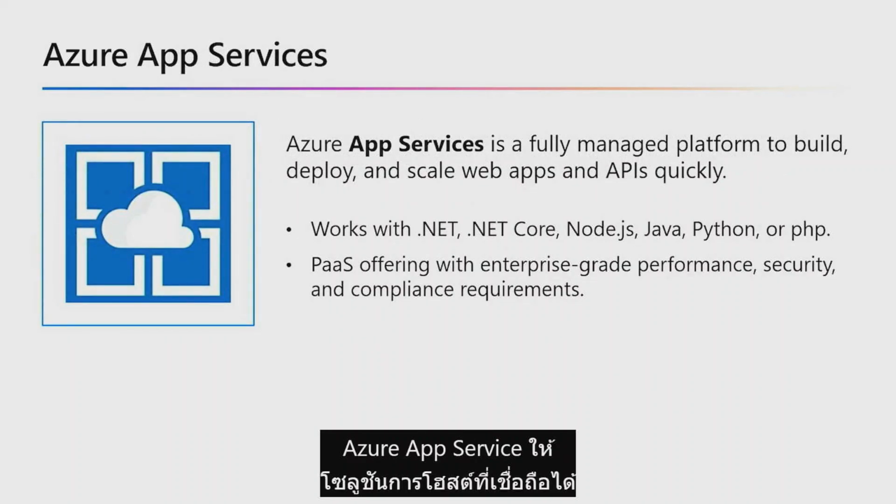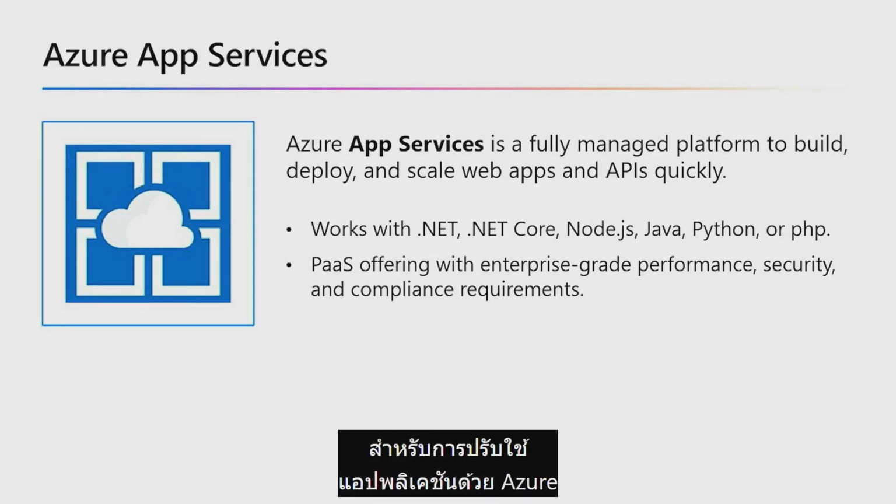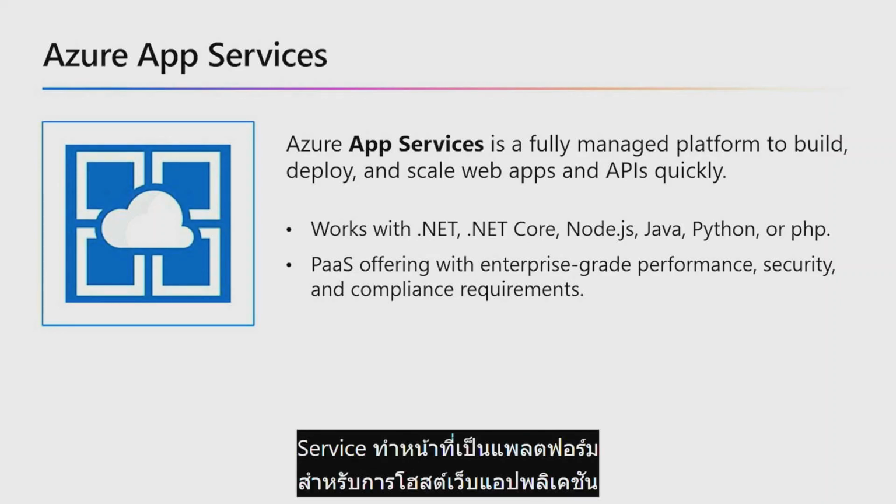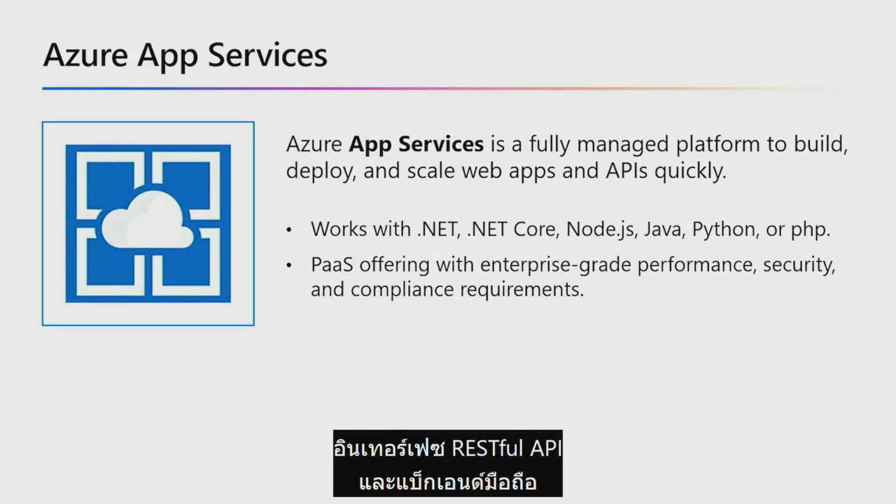Azure App Service provides a dependable hosting solution for deploying applications within Azure. It allows you to concentrate on constructing and upholding your application, while Azure handles the availability of the underlying environment. Functioning on an HTTP-based model, Azure App Service serves as a platform for hosting web applications, RESTful API interfaces, and mobile backends.